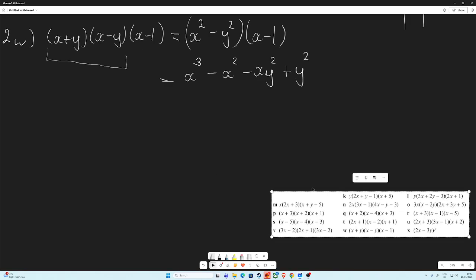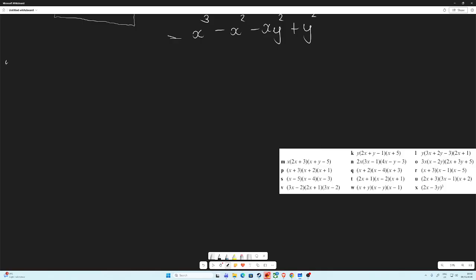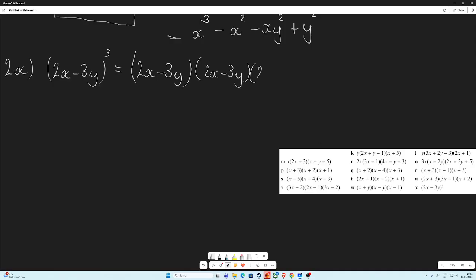And finally, we have 2x minus 3y all cubed. So we're just going to do 2x minus 3y times 2x minus 3y times 2x minus 3y.